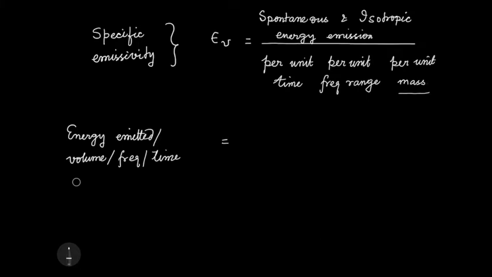The only change I am making from epsilon nu to here is that instead of talking about per unit mass, I want to talk about per unit volume. How do I do that? Well, there are rho atoms per unit volume. There is rho mass per unit volume. So rho is the volume density. So this is what I want, where rho is the mass density.